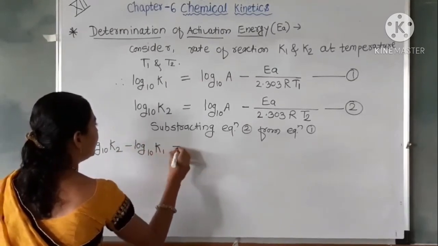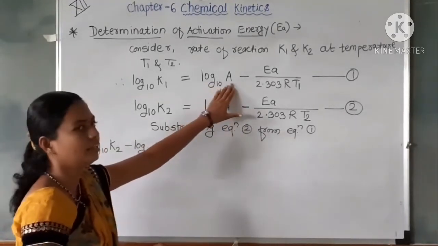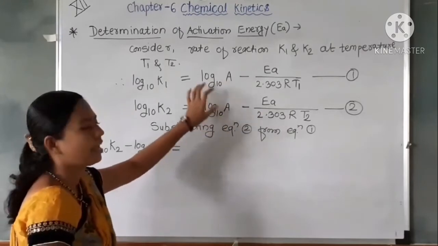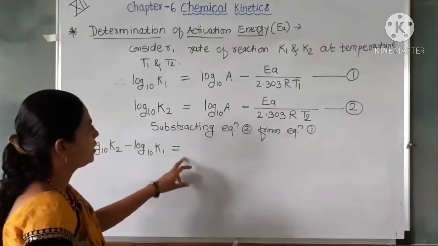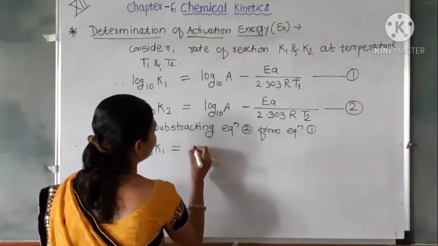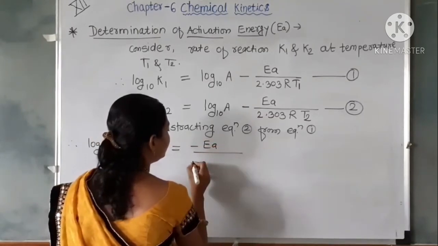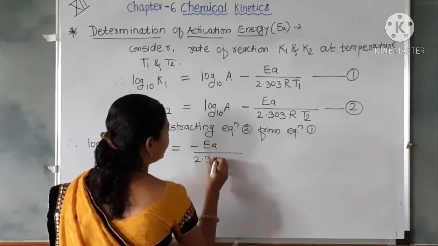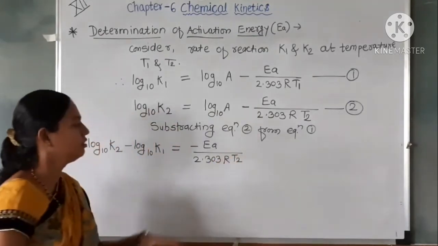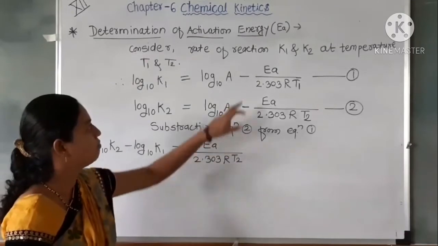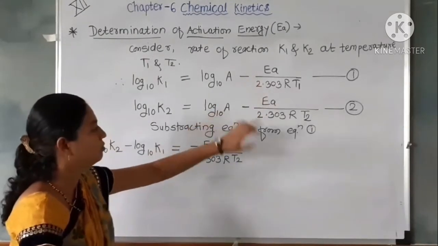Here the log to the base 10 A term is cancelled. Therefore I write minus Ea upon 2.303 R T2, and since we subtract, the minus sign gives positive, plus Ea upon 2.303 R T1.